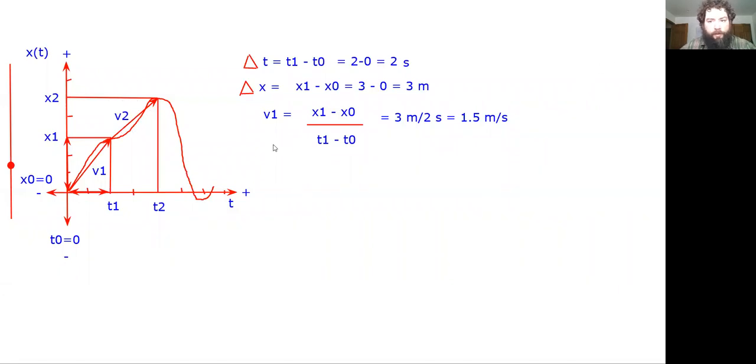Okay, so to find V2, we're going to have to find delta x, position from 2 to 1, which is 2, and T2 to T1, which is 2. So we can write that all out again. V2 is going to equal x2 minus x1 divided by T2 minus T1.